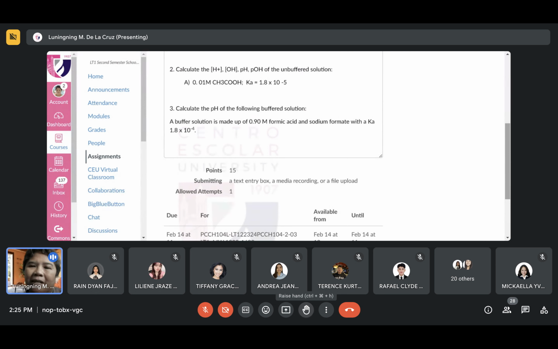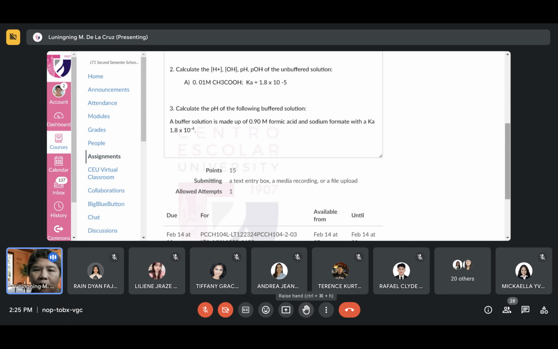So we need to use ICE here, class. For this one, we need to get the equilibrium concentration of our buffer solution. So we need to add 0.90 plus x, and also 0.90, x only on the other side.